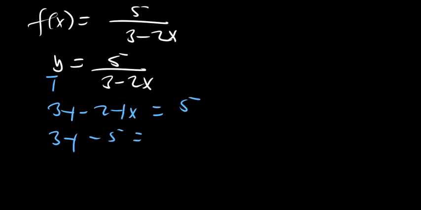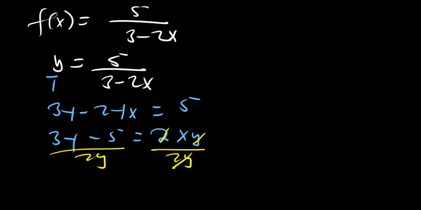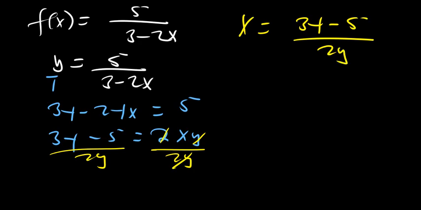Then shift negative 2yx to be positive 2xy. Okay, so we are making x the subject of the formula. Divide both sides by 2y. So these will cancel out. So x will be equal to (3y minus 5) divided by 2y.